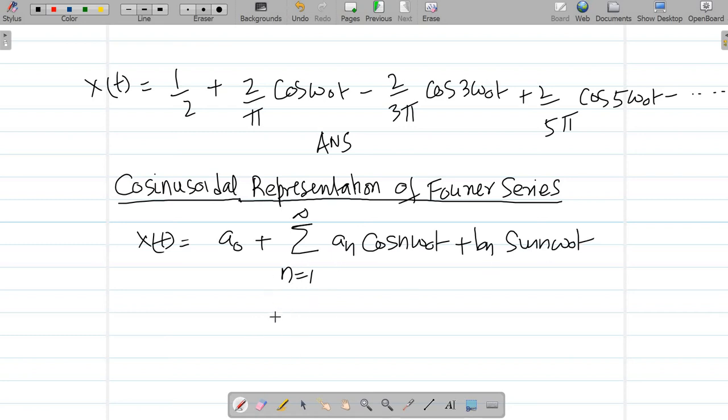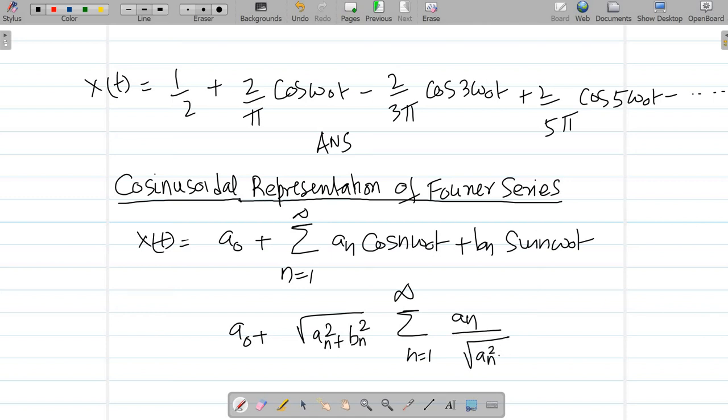I can do some manipulation. Let me multiply and divide with the quantity root of An squared plus Bn squared. When I do that, I end up with An divided by root of An squared plus Bn squared cos n omega naught t, plus Bn divided by root of An squared plus Bn squared sin n omega naught t.